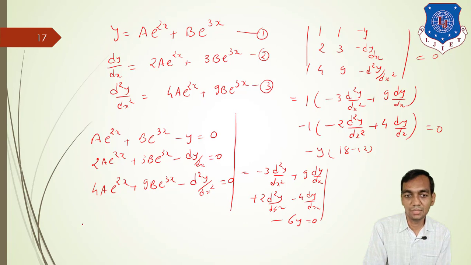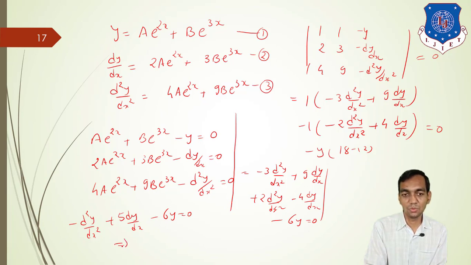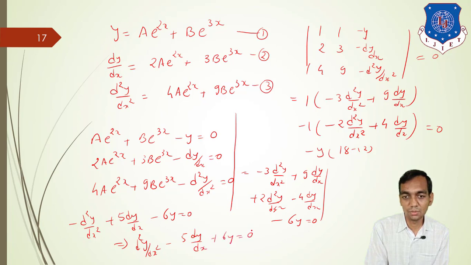So if you simplify, then you will have minus d square y by dx square, 9 minus 4, that is plus 5 dy by dx minus 6y is equal to 0. And if you write it in a simple form, then we can write that d square y by dx square minus 5 dy by dx plus 6y is equal to 0. Okay. So this is the method of how to form the differential equation.